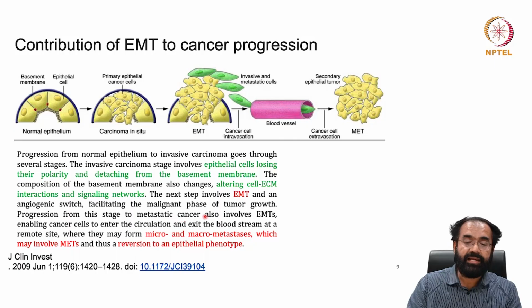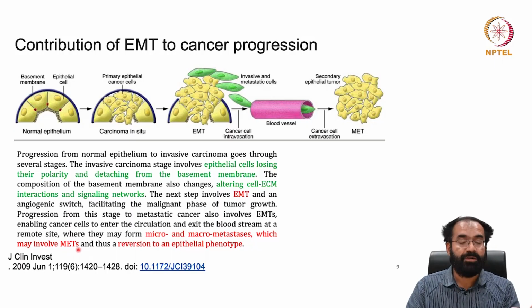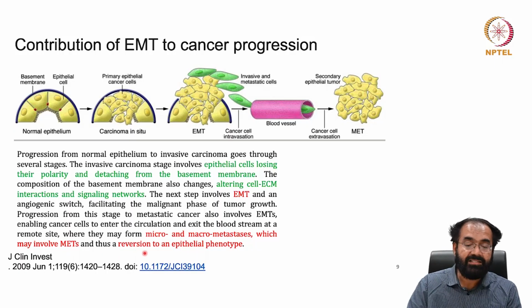The stage to metastatic cancer also involves EMT, enabling cancer cells to enter the circulation and exit the bloodstream at a remote target site, where they may form micro and macro metastasis, which may involve MET, that is mesenchymal to epithelial transition, and thus reversion to the epithelial phenotype.